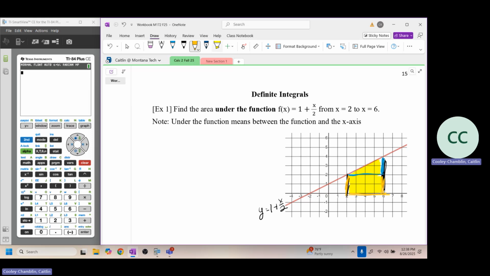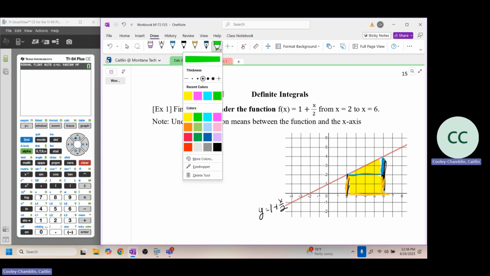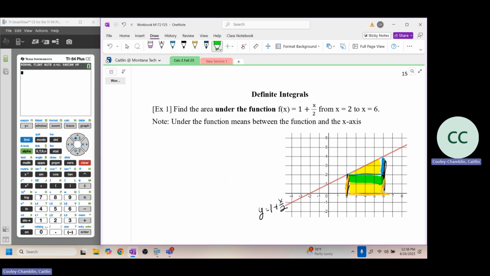And I'm going to shade that rectangle in another color just so we can see the difference in the two. All right. So we want to find the area of the two, and I'm sure you're probably like, Katie, what are we doing? How does this relate to definite integrals? I promise we'll get there, so just hang on for a little bit.